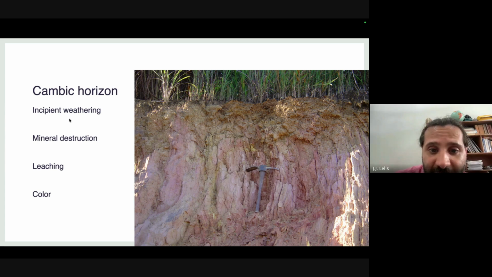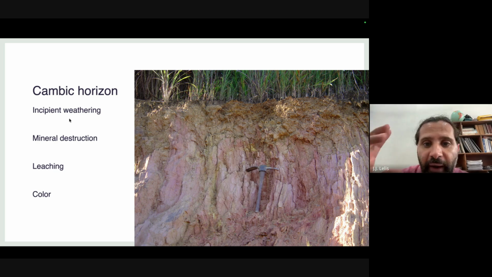If a section can fit, for example, the calcic or the gypsic or the oxic or the candic, I cannot call that section a Cambic horizon. So the Cambic horizon only will be that section that does not fit the criteria for any other diagnostic horizon. We have just one exception for this, and I will show you in the next slides, but you can memorize it like this.